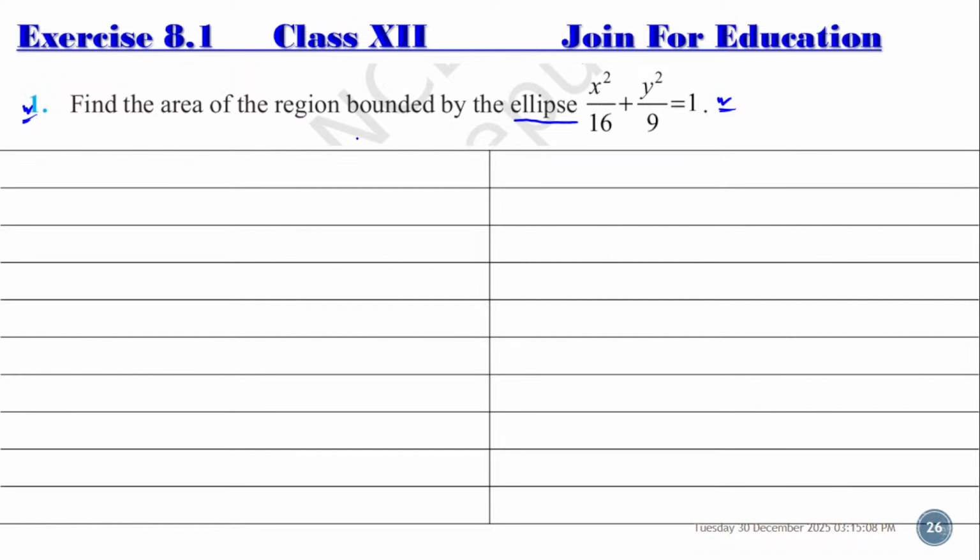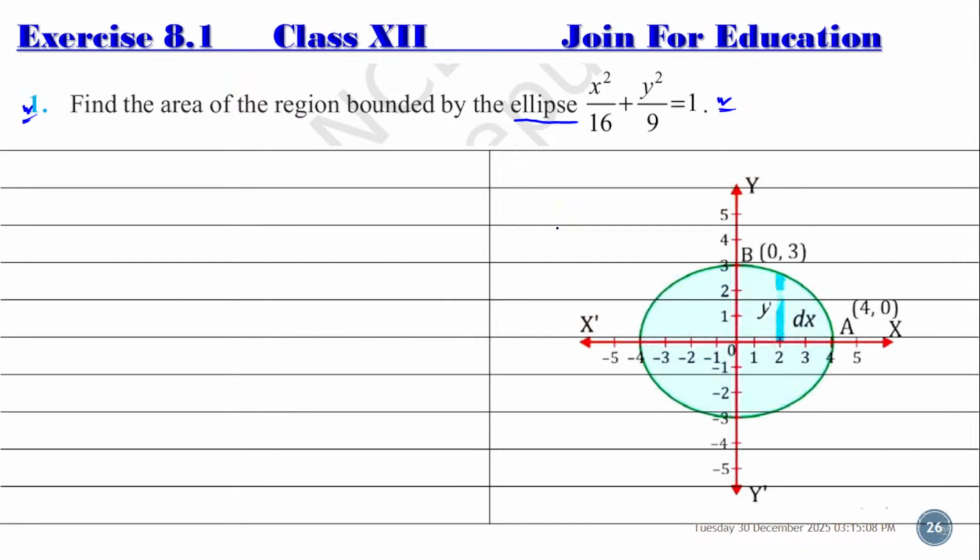First of all, we draw the relevant figure. So this is the relevant figure of the question. This is the ellipse. When x equal to 0, we get y equal to plus minus 3. So the point B, when x equal to 0, then y equal to 3.